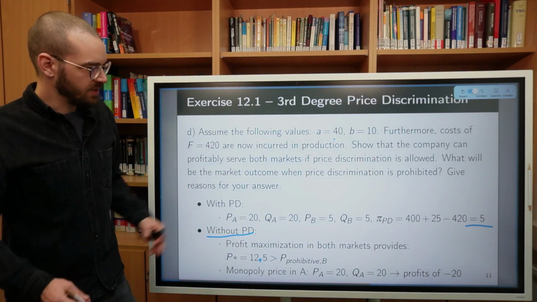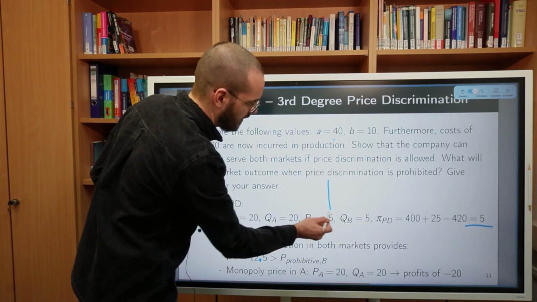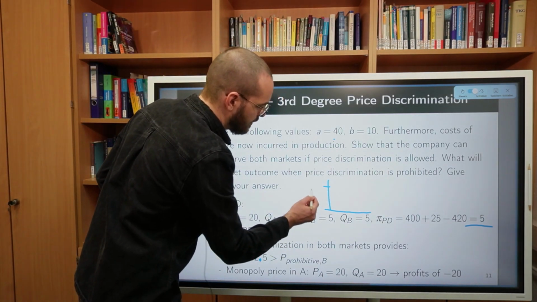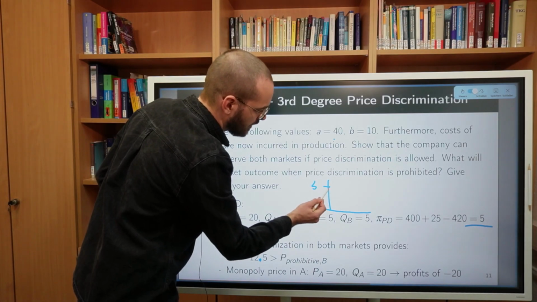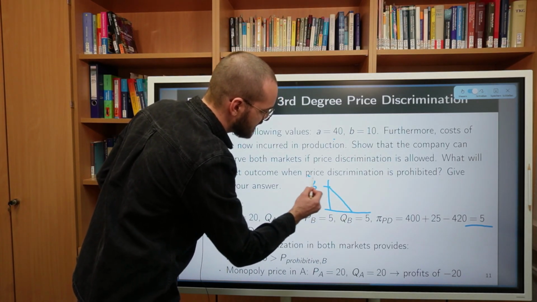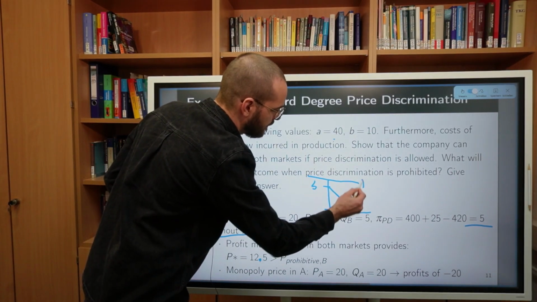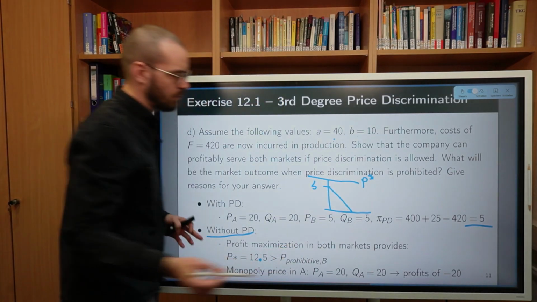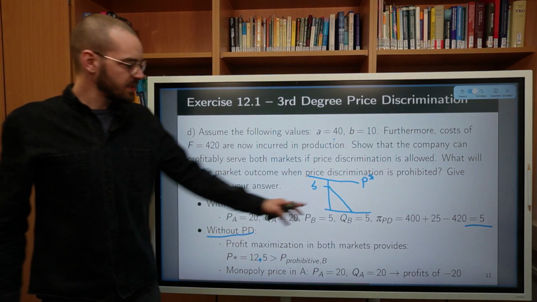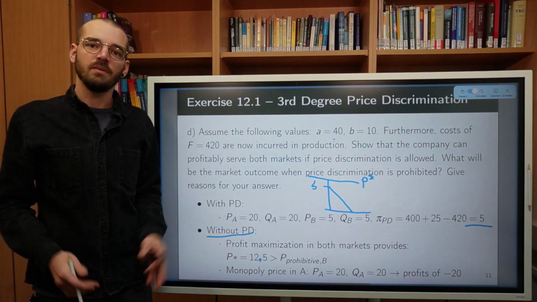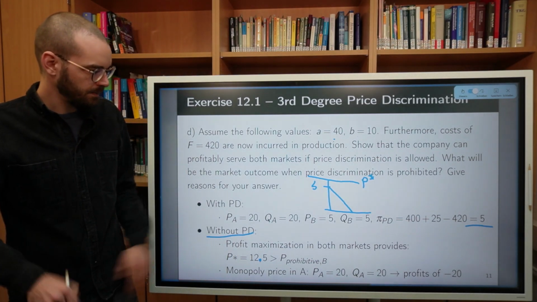So this of course means, just consider the market scenario, you have some parameter B, and the equilibrium price now is somewhere up here, right? Which implies this market B is not even being served at all.